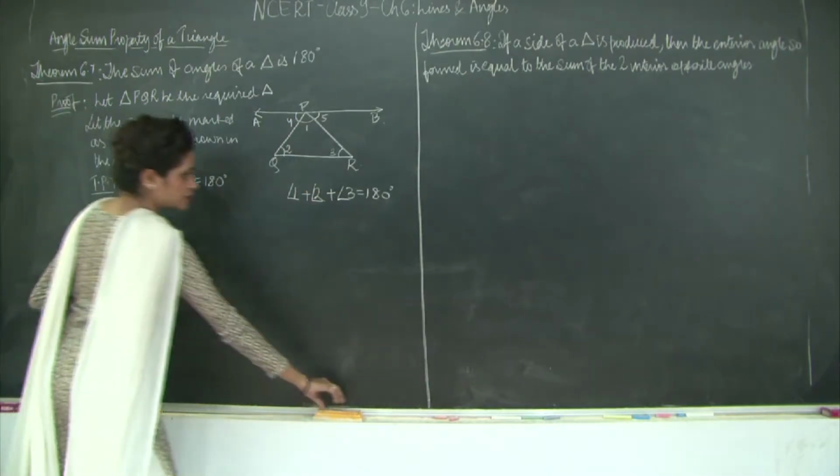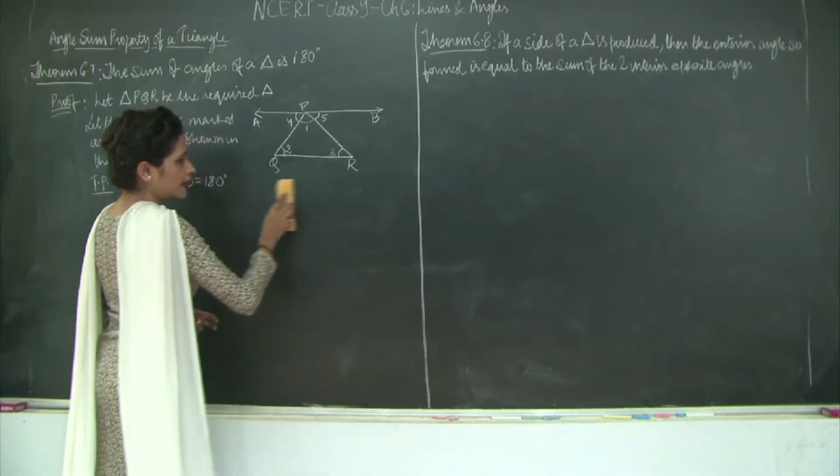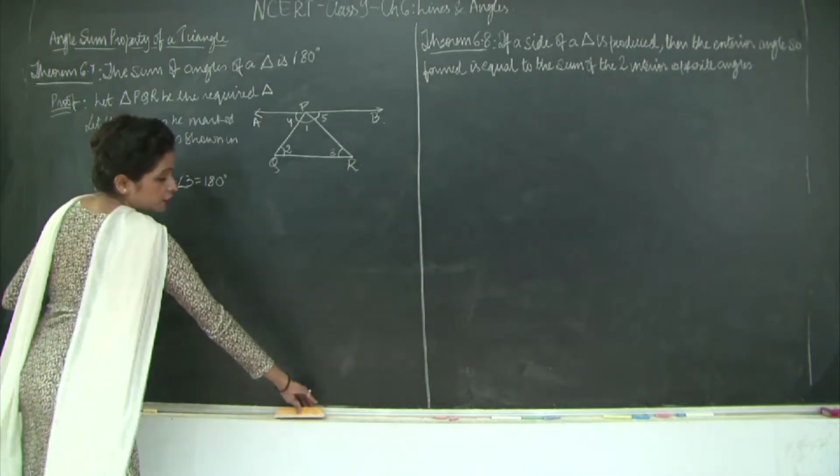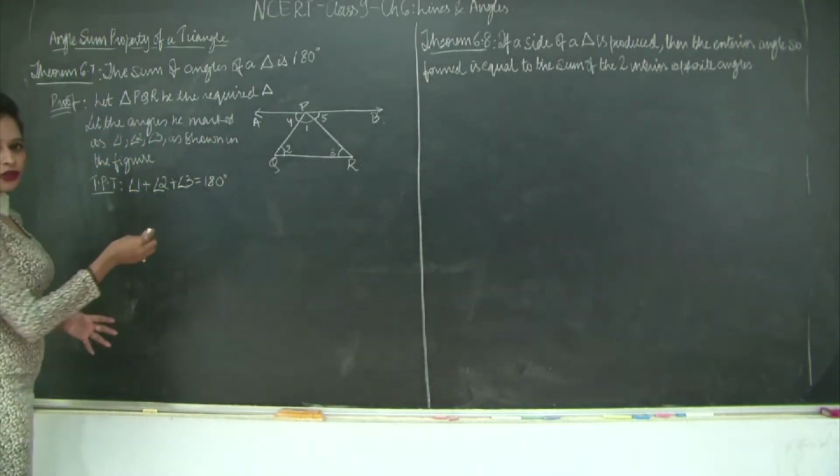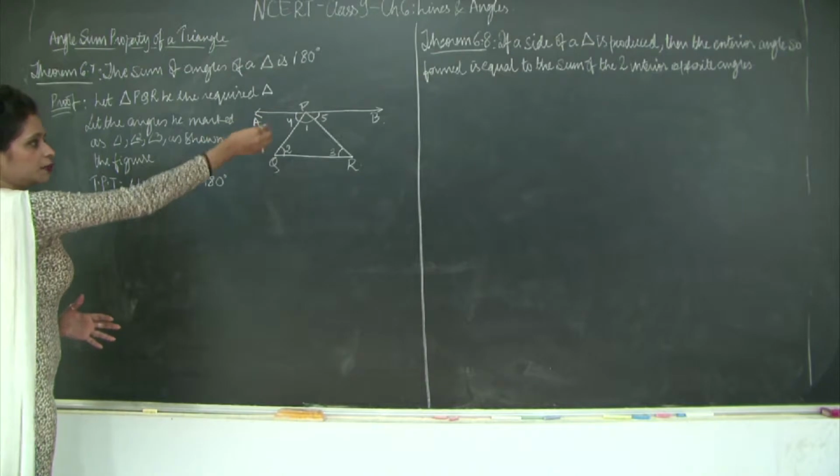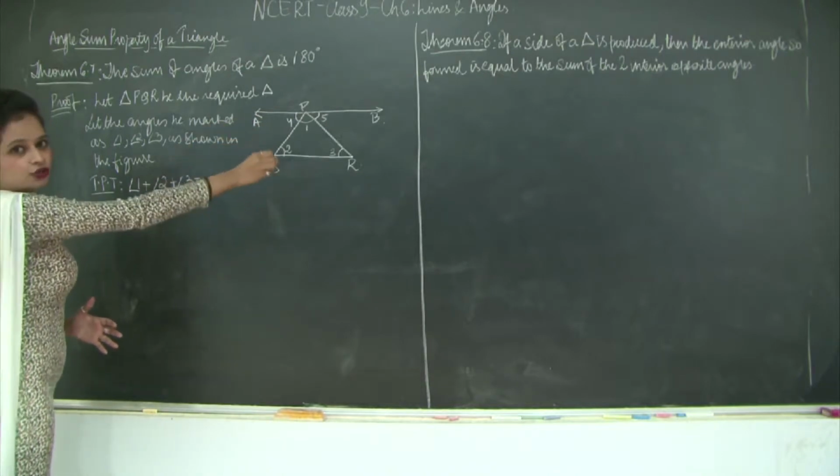Right? I am erasing this section because this was just for the explanation part and it is not a part of your theorem. So what are we going to do? We are going to construct a line APB through point P which is parallel to QR.